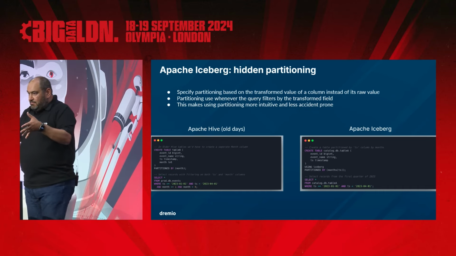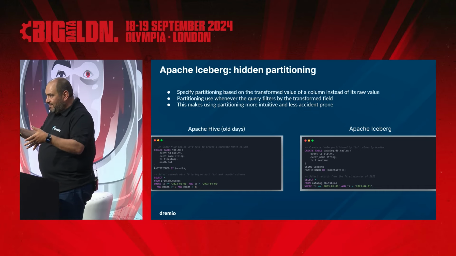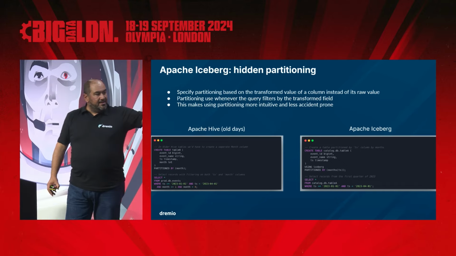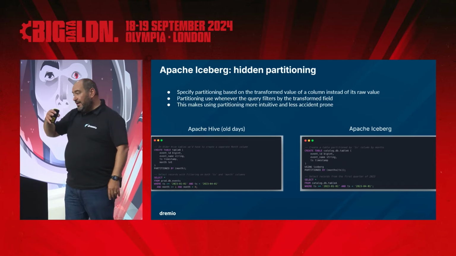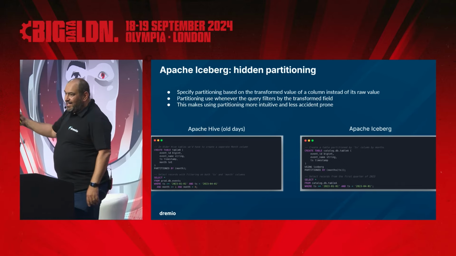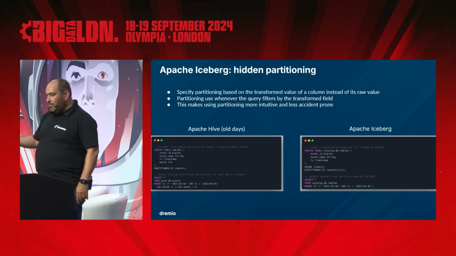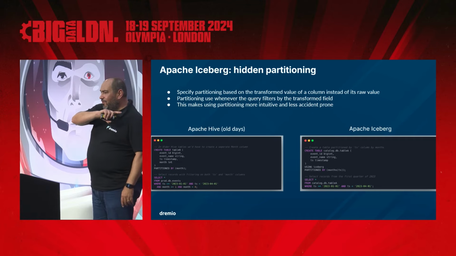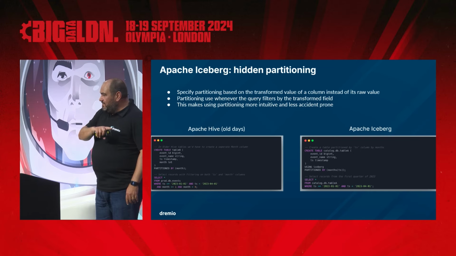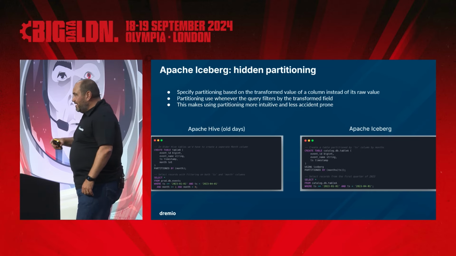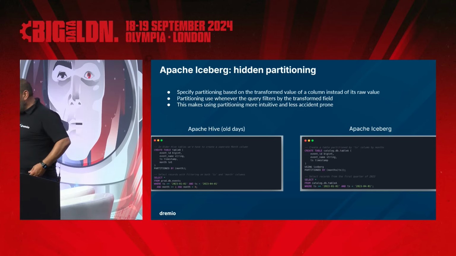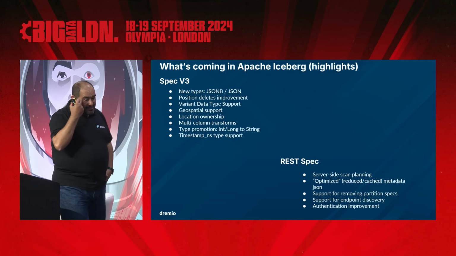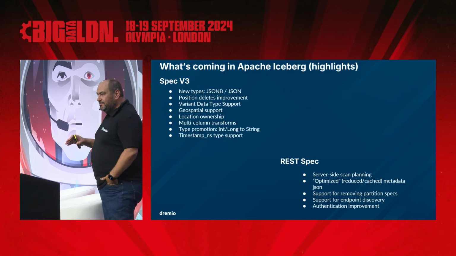But that was in the query itself. Now in Iceberg, you can just provide the timestamp, and it will know automatically which additional partitioning it has to request. So that's a pretty cool feature. I will come back to this later because it's something that we're going to add in Polaris, additional partitioning capabilities.